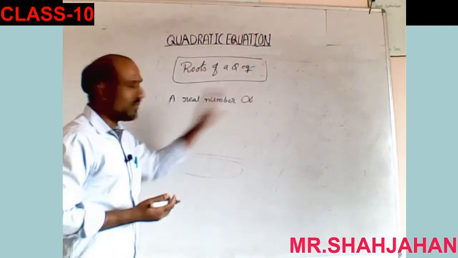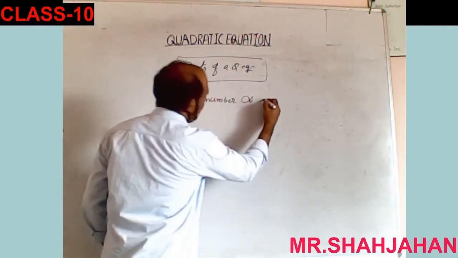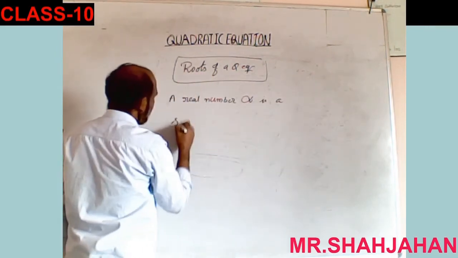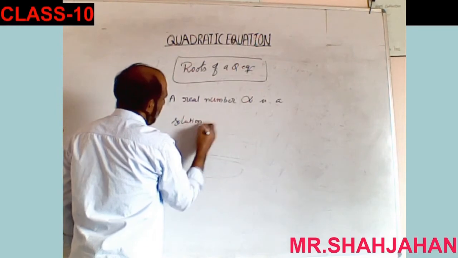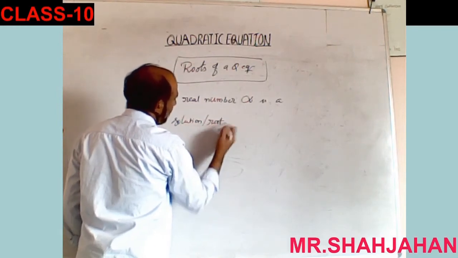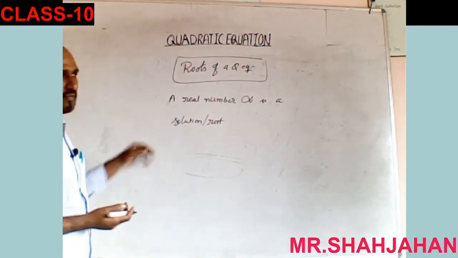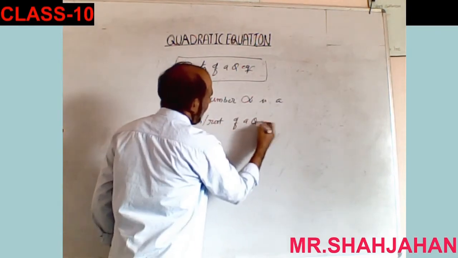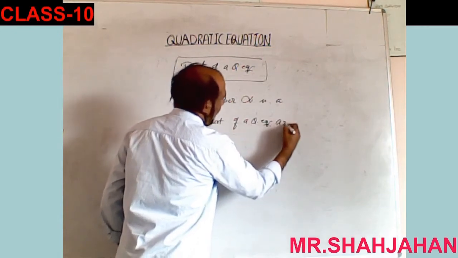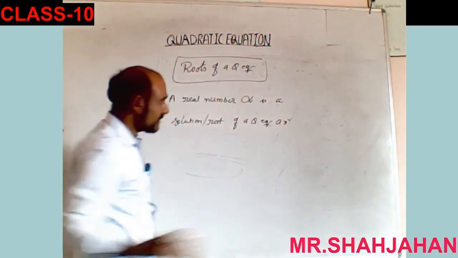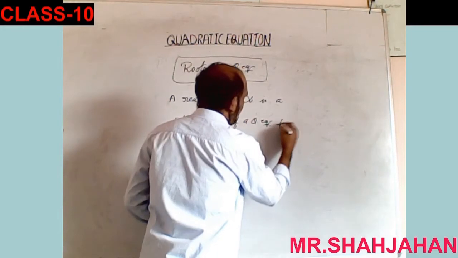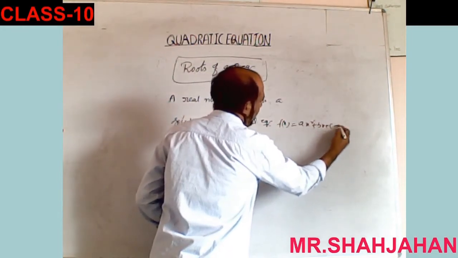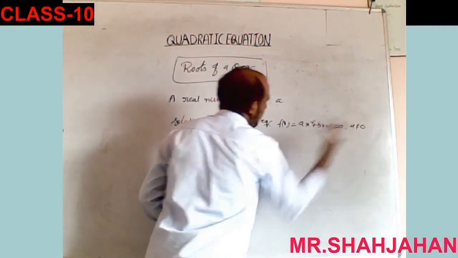A real number alpha is a solution or root or zero of a quadratic equation f of x equal to ax square plus bx plus c is equal to 0, where a is not equal to 0.